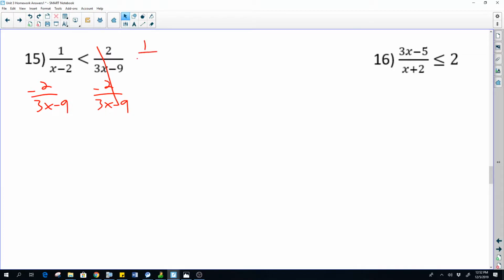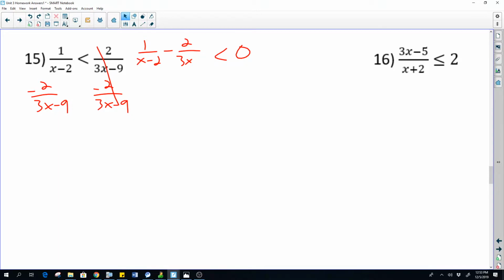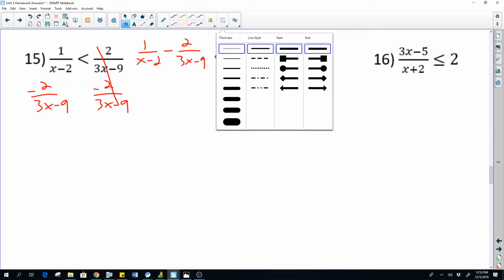So now we have 1 over x minus 2 minus 2 over 3x minus 9. And then we need to get a common denominator, it looks like, first. To get a common denominator, we're probably just going to have to multiply by what's missing from each other, right?